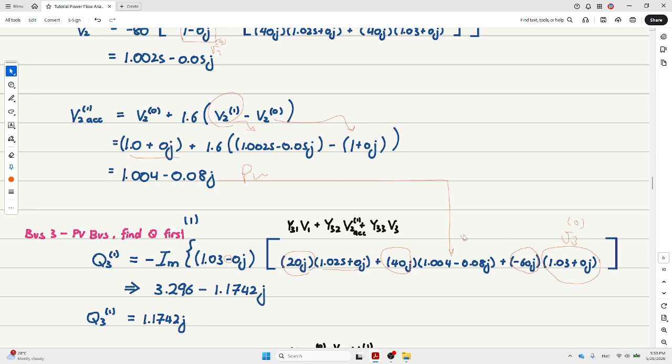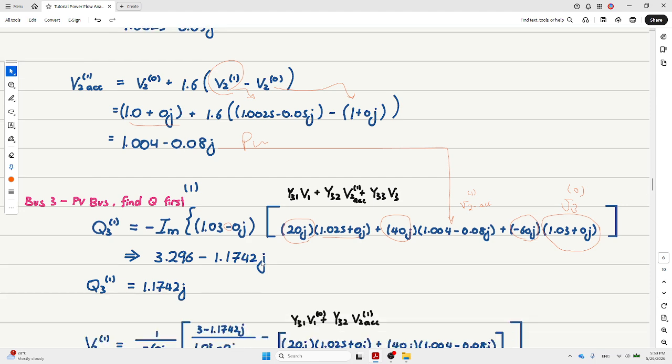This is V2 accelerated in iteration 1, and this is always the same, there are no changes. After calculation, the value becomes 3.296 minus 1.1742j, of which we need the imaginary part, and we have to multiply it by minus to remove this minus.